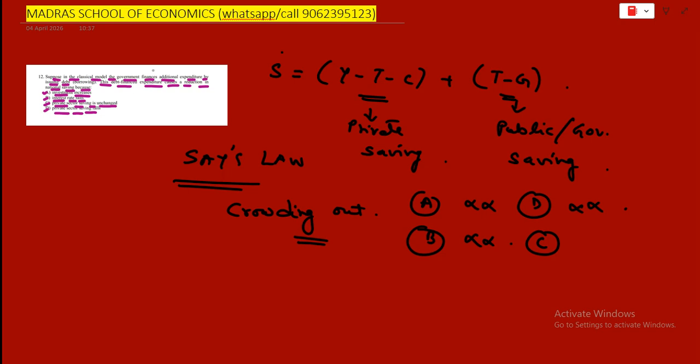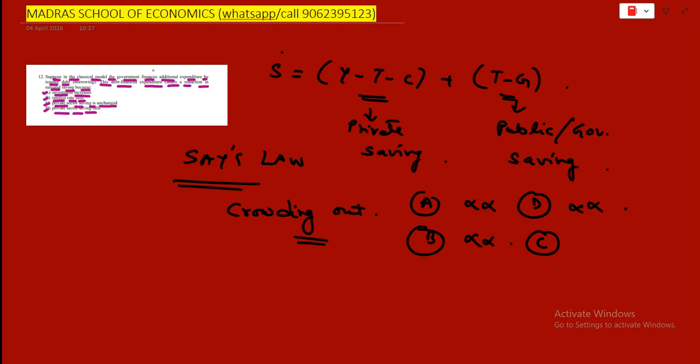Now why is it important? National saving is the sum of the private saving and the public saving, and when the government finances expenditure through debt, public saving, that is T minus G, decreases and becomes more negative.